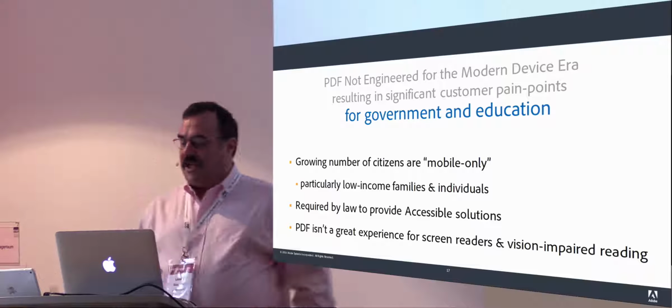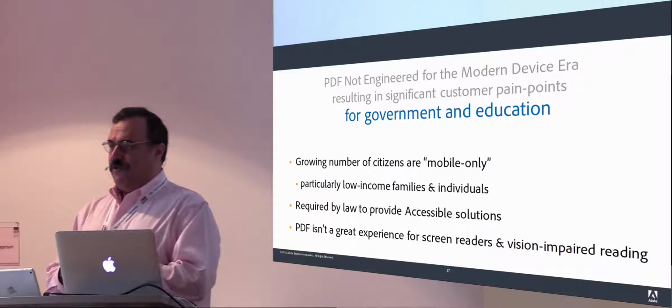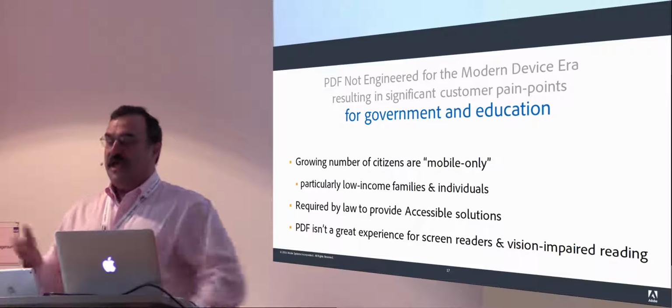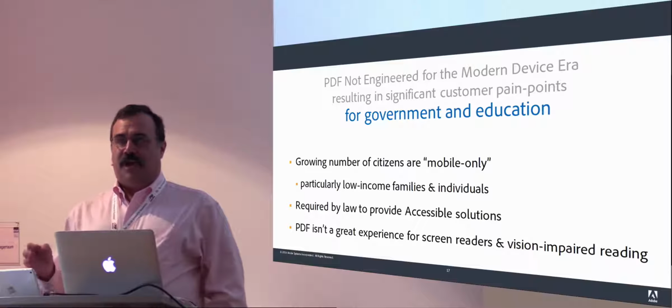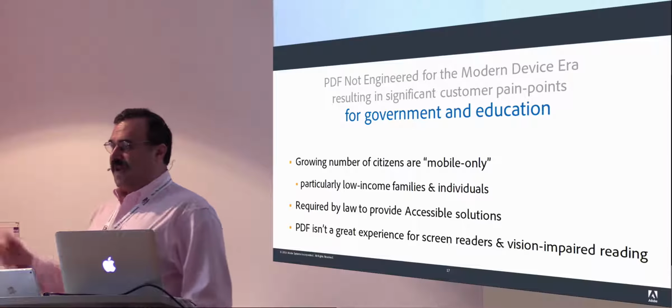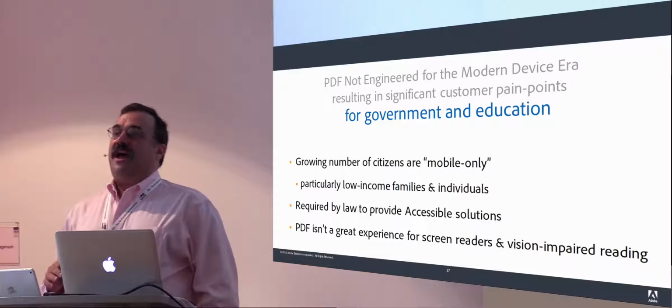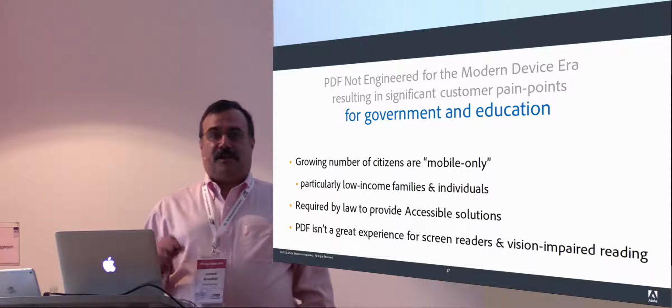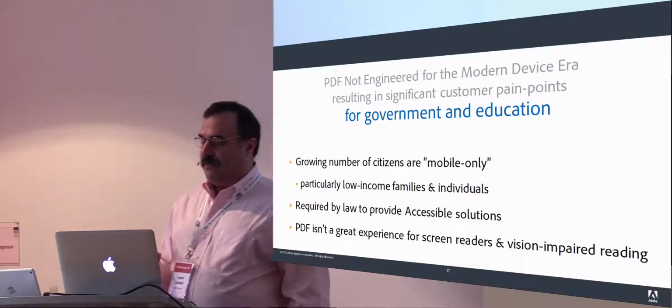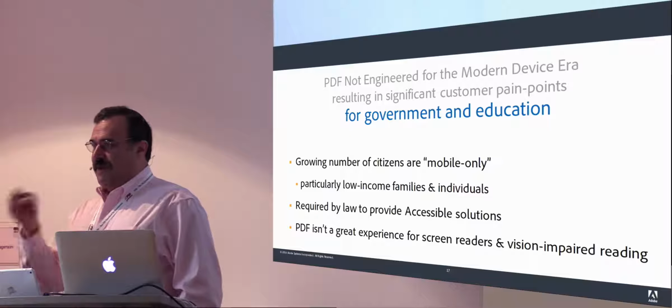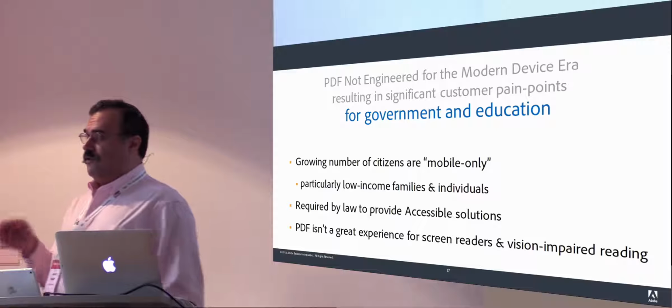You also have countries like Canada. I don't know if you folks are aware of this, and I know there's some Canadians in the room. Canada has notified a number of vendors, ourselves included, that they are ready to remove all PDFs from every government website in Canada because of the accessibility problem. We met recently with the Australian government over a similar issue.